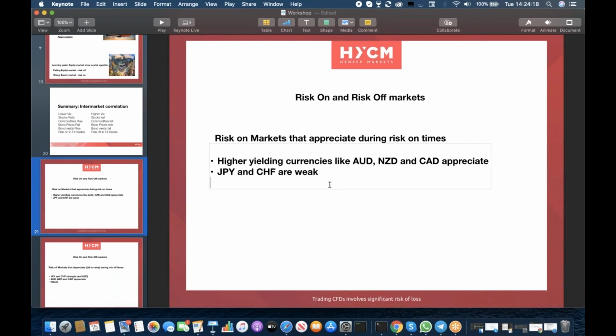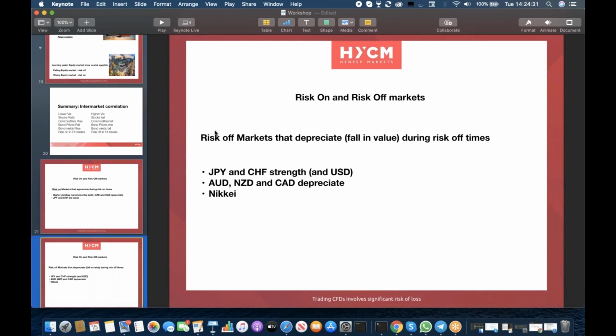So in a risk on market, you get yen and Swiss franc weak. Okay, Hashik? The opposite is true in a risk off market. In a risk off market, you get yen and Swiss franc strong, and sometimes the US dollar. And conversely, you get the Australian dollar, New Zealand dollar, and Canadian dollar depreciate.